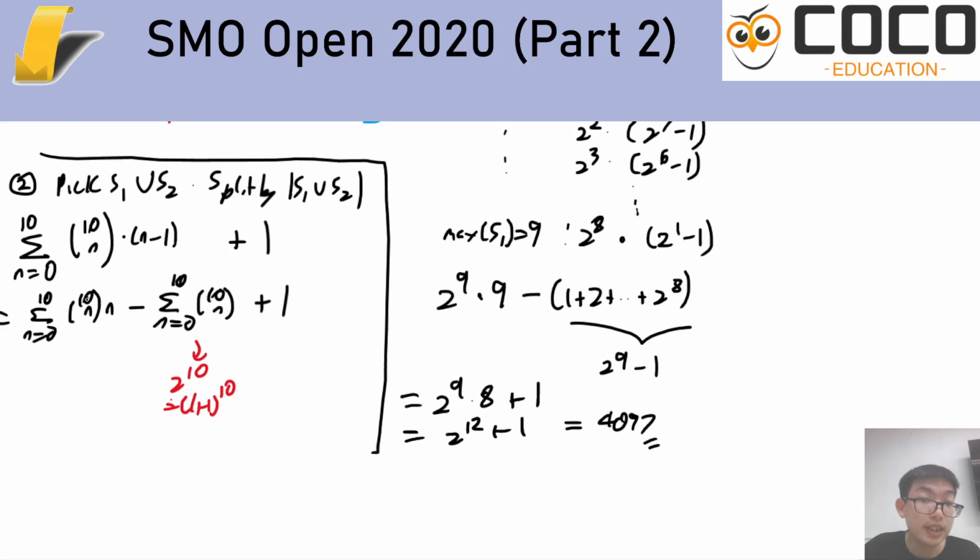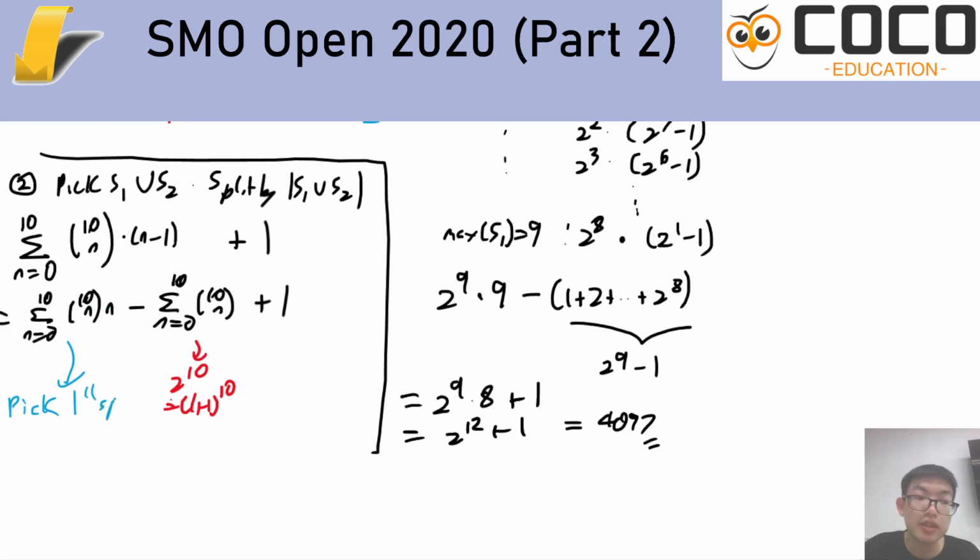For n times 10 choose n, as n goes from 0 to 10, this is interesting because you could calculate it directly, but you could also have a combinatorial argument to say that this is the number of ways to pick any number of people, and then from that number of people pick one special person.